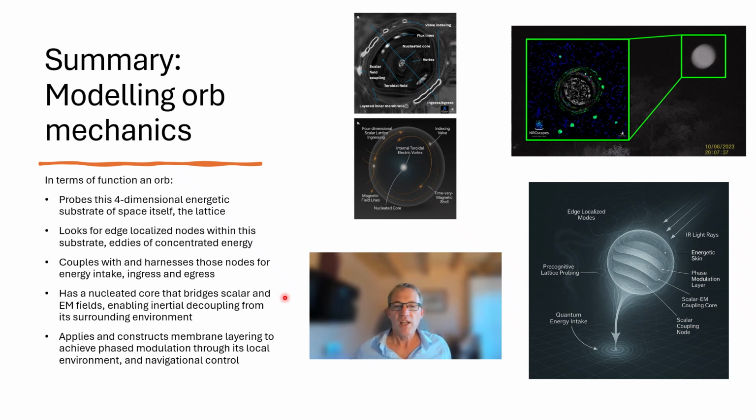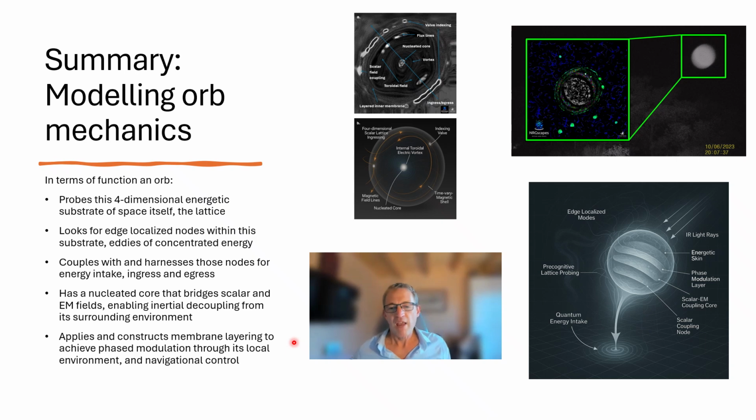It has a nucleated core that bridges scalar and EM fields simultaneously and enables inertial decoupling from its surrounding environment, and that gives us those observables we talk about with instantaneous acceleration, disappearing and reappearing. It applies and constructs membrane layering to achieve phased modulation through its local environment and navigational control.